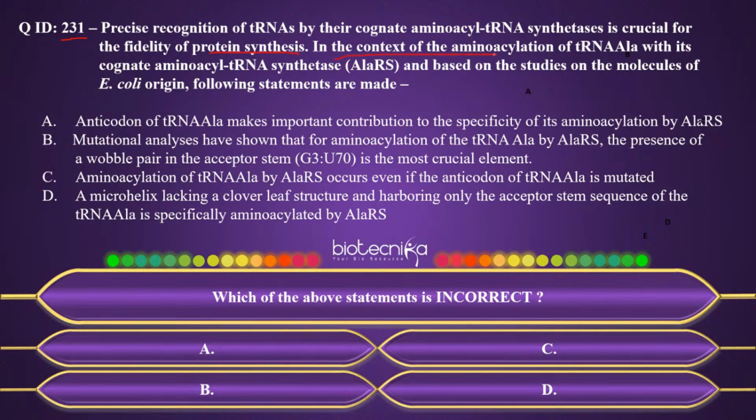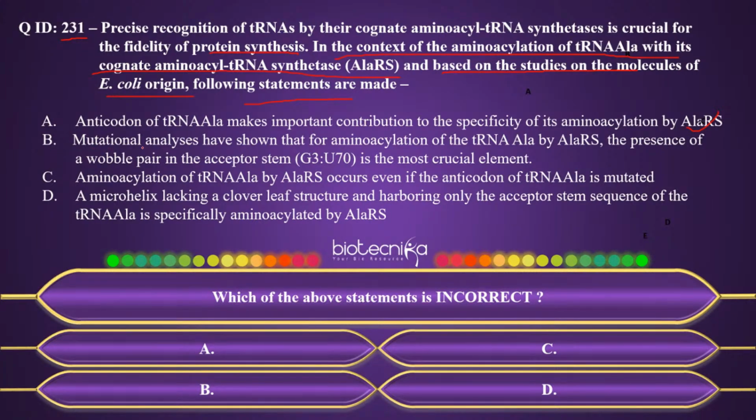In the context of the aminoacylation of tRNA alanine with its cognate aminoacyl tRNA synthetase, alanine RS, and based on studies on molecules of E. coli origin, the following statements are made. The first statement says that the anticodon of the tRNA alanine makes an important contribution to the specificity of its aminoacylation by alanine RS.